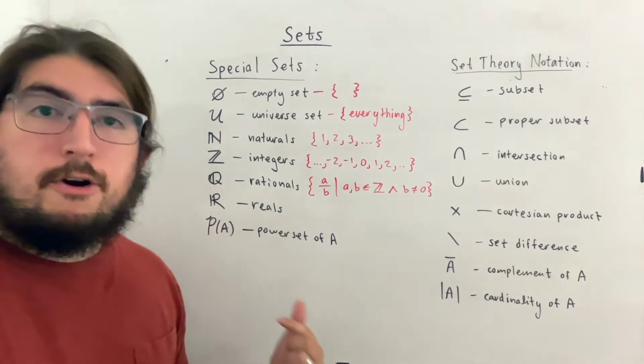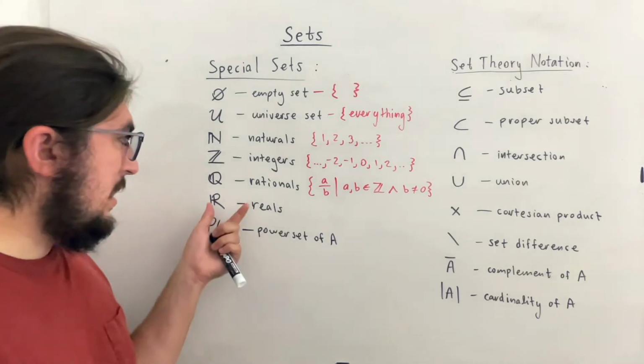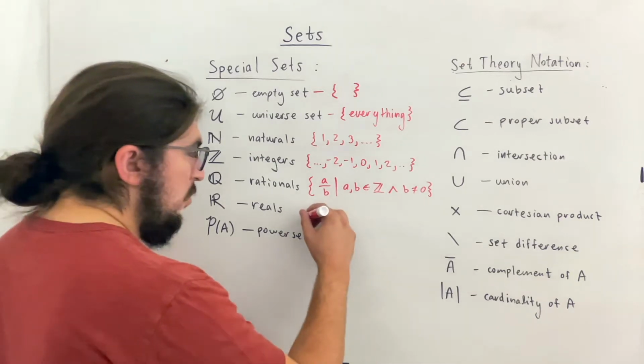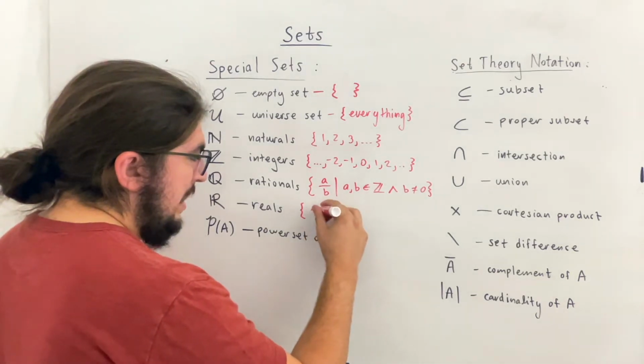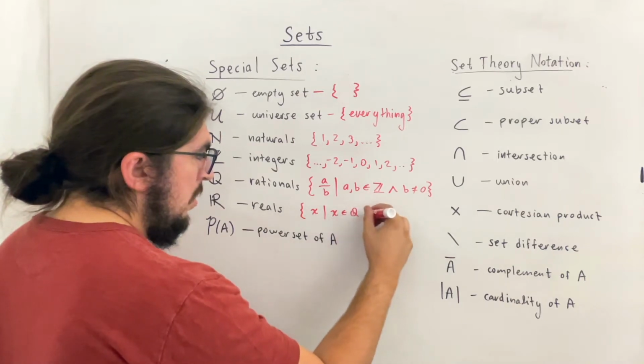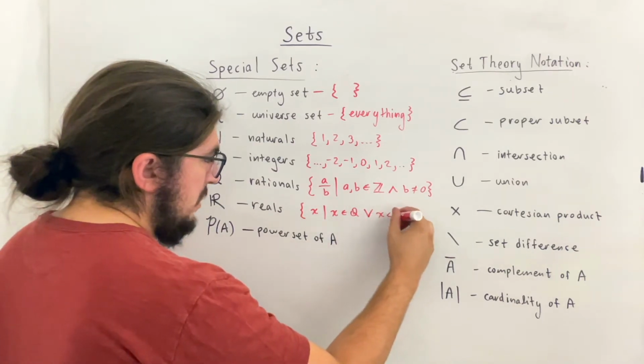Real numbers are a little harder to describe. I guess one way to describe them is the set of all x values such that either x is rational or x is not rational.